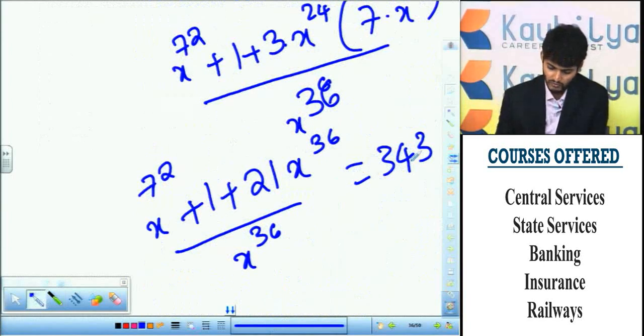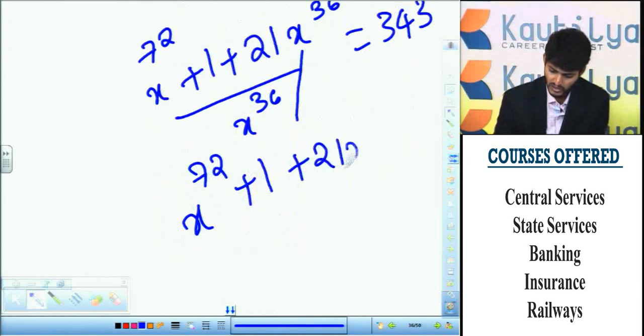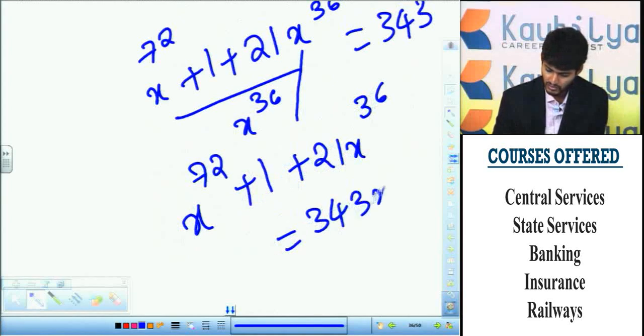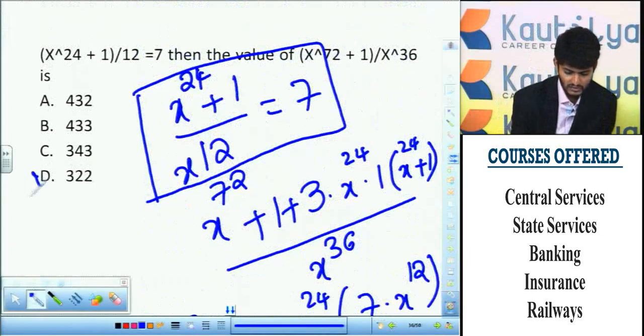Okay. So if I have to simplify this term again, I would get x power 72 plus 1 plus 21 x power 36 would be equal to 343 x power 36, and 343 minus 21 will be 322. If I bring this x power 36 to the left hand side, you would end up getting 322 as your answer.